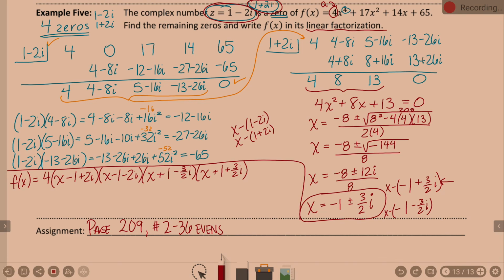Now, multiplying by 4 out front does not mean it's 4 times each of these factors, because that would be 4 times 4. So there's just one 4 there that can be used however we want. What are my denominators here? 2 and 2, which just so happens to be 2 times 2 is 4.